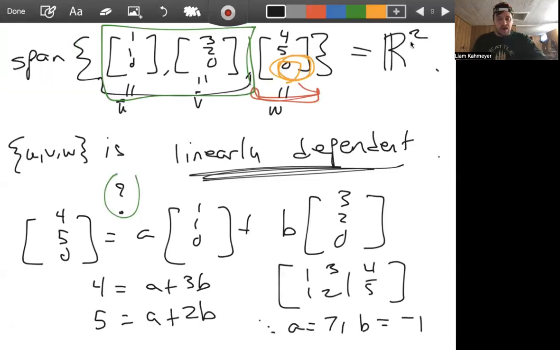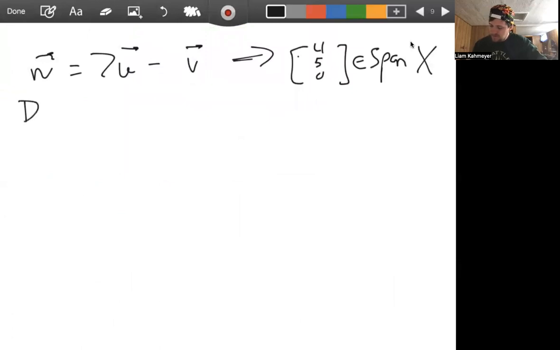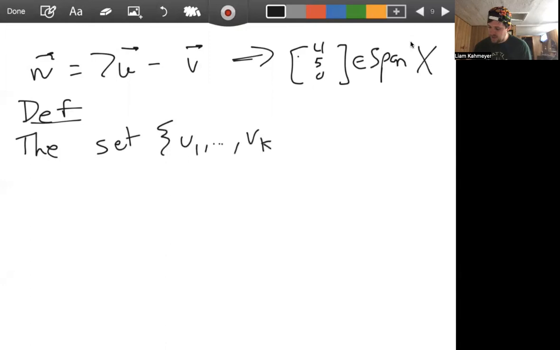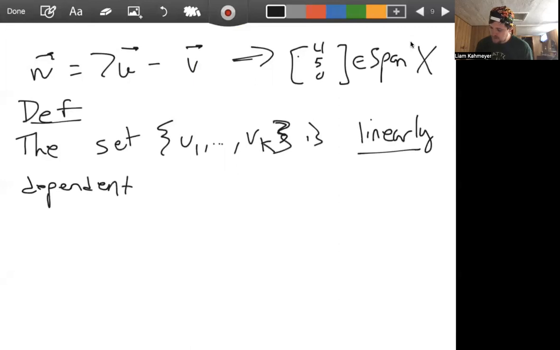So let's see if we can formally define linear dependence here. So let's give a definition. The set of vectors, let's say v1 through vk, is linearly dependent if you have a linear combination equal to the 0 vector.